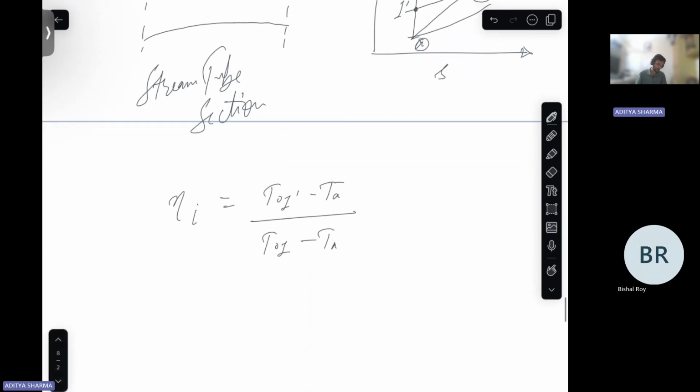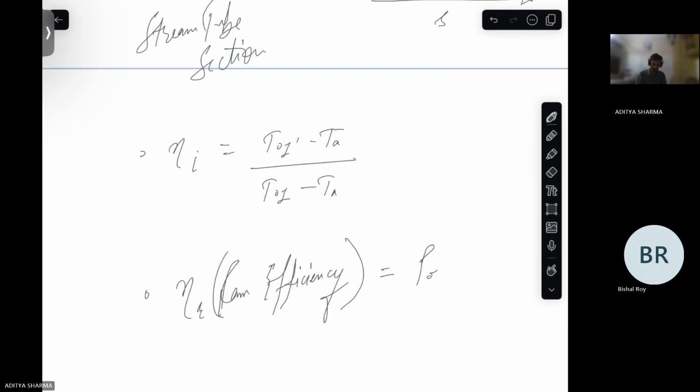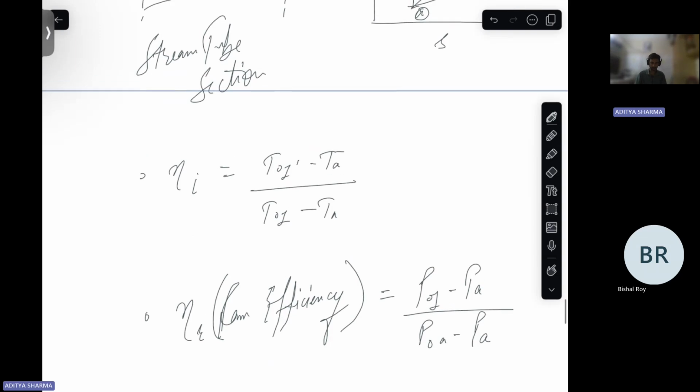Then there is also RAM efficiency, eta R, which is based on pressure data. So this is this.